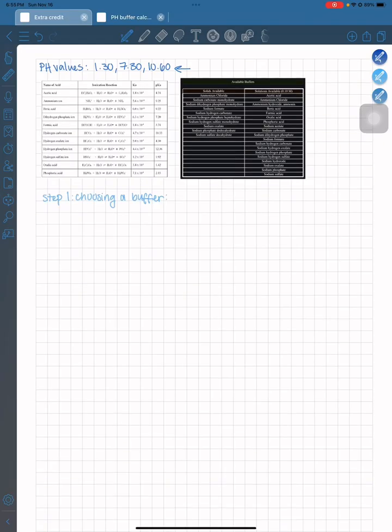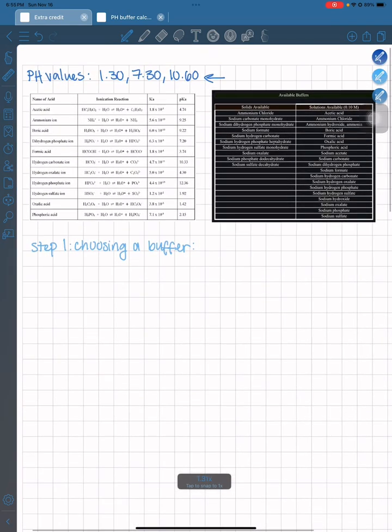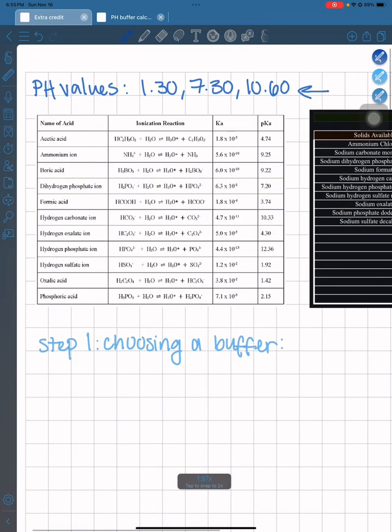Okay, starting off with choosing a buffer. Now, these tables up here are tables that Uting is going to provide for us, and we're going to use these tables to look at our acids and the pKa's. So I'm given 1.30, 7.30, and 10.60 as my pH values.